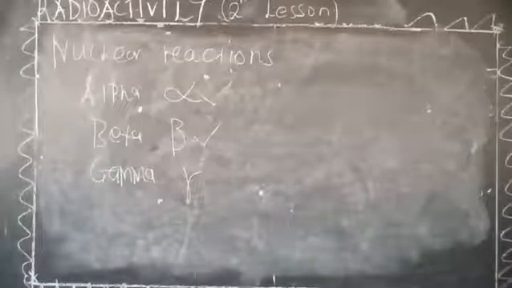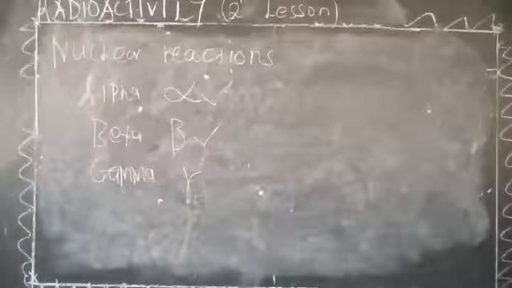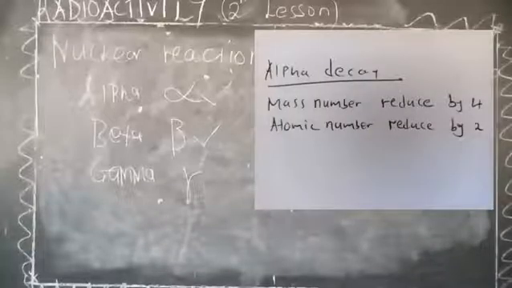And in this case, we see that nuclear reactions take place when alpha particles or beta particles are emitted from the nucleus. So when an alpha particle is emitted, there is the formation of a completely new nuclide with reduction of both the mass number and the atomic number.